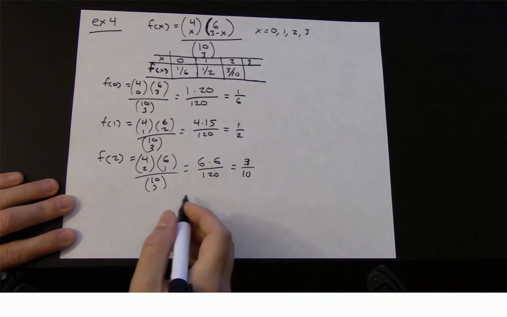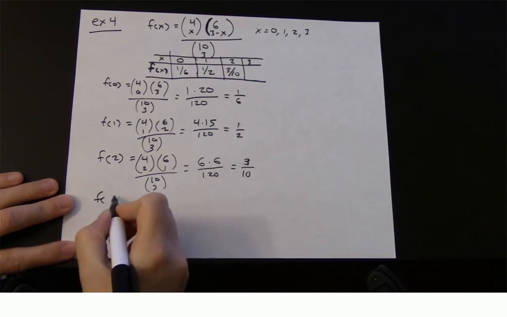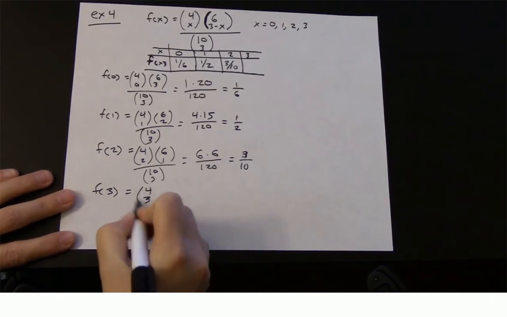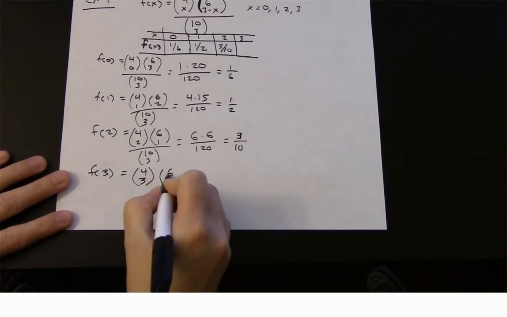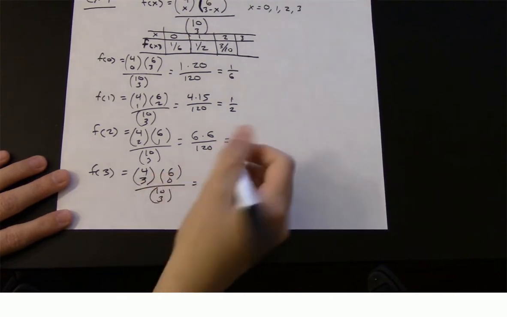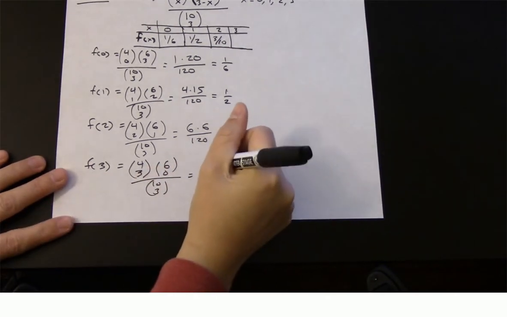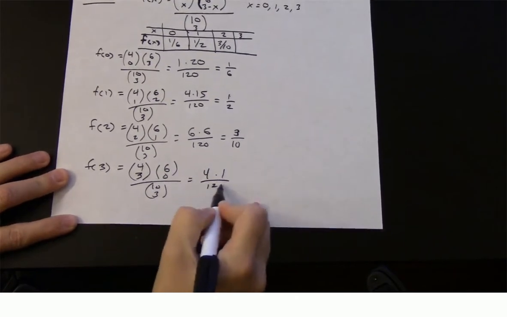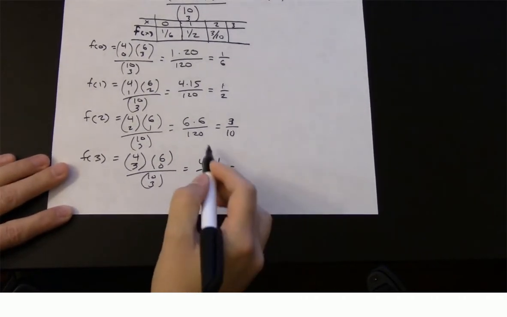All right, and then lastly, f of 3, so 4 choose 3, 6 choose 0, 10 choose 3. 4 choose 3 is 4, 6 choose 0 is 1, all over 120.